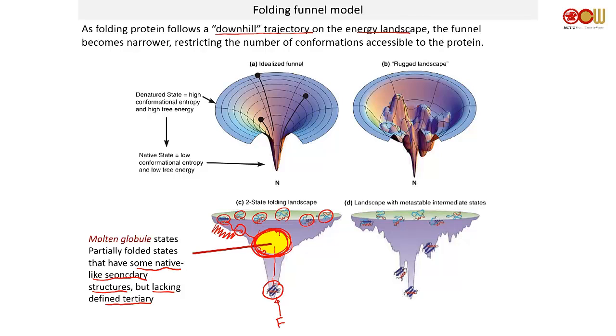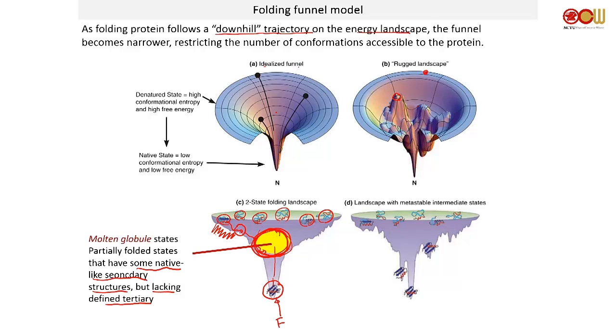Now, obviously, you should recognize that protein folding is not going to be an idealized funnel, because you will have localized states that have higher energy. So in reality, this does not give you a random folding process.